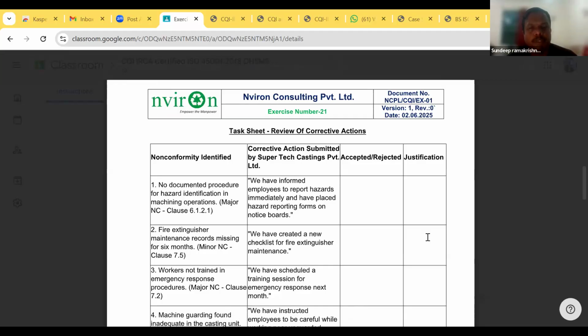Give me a thumbs up if you are able to see it. Able to see, sir. Okay. So now see, based on the non-conformity identified, the auditee is coming back to you with corrective actions. Now you have to say whether you accept or reject this corrective action and give your justification.